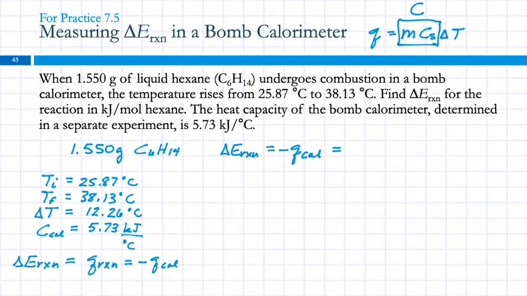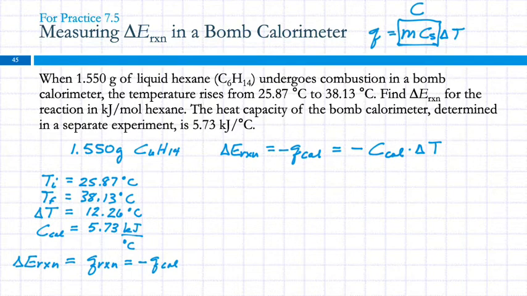So Q calorimeter is negative C calorimeter delta T. We don't need the mass in this calculation here, and what we would need for mass is the mass of the calorimeter, and that's not the mass of the hexane that burns.